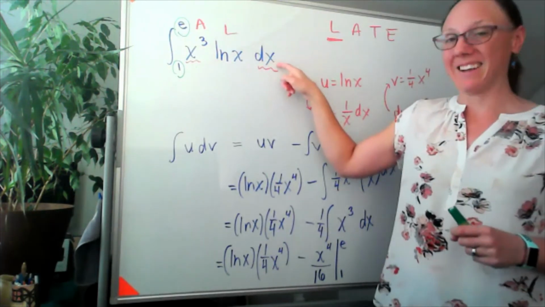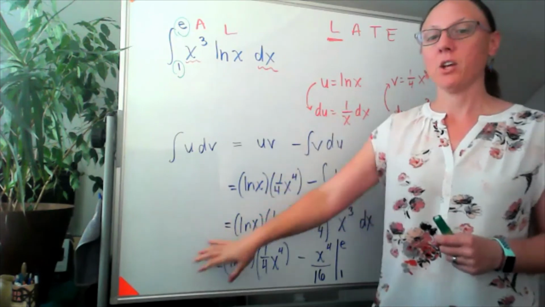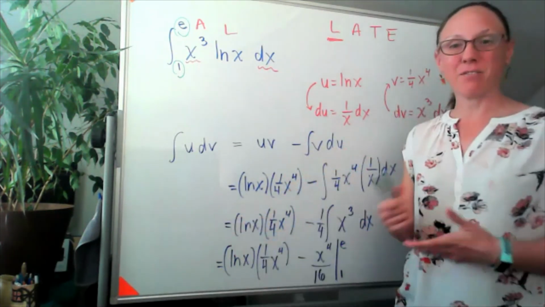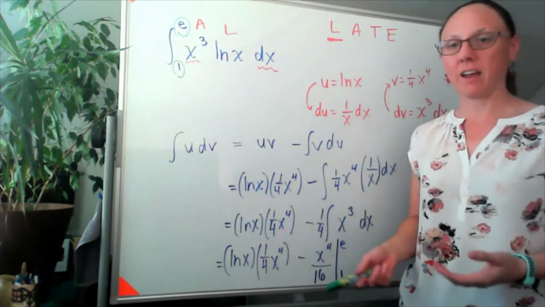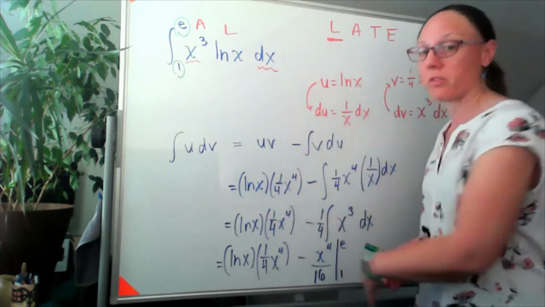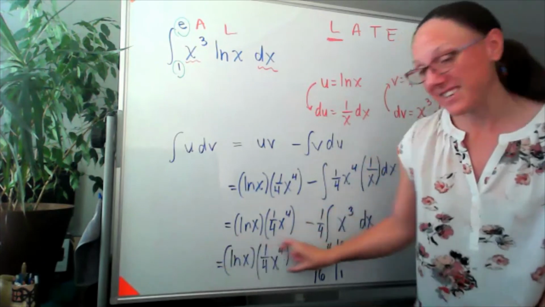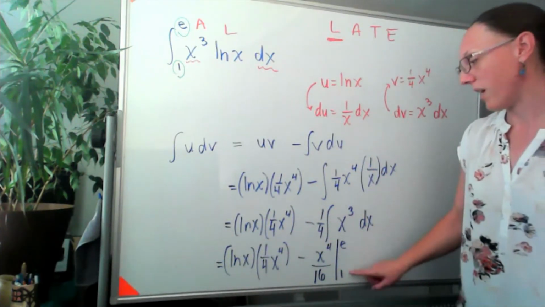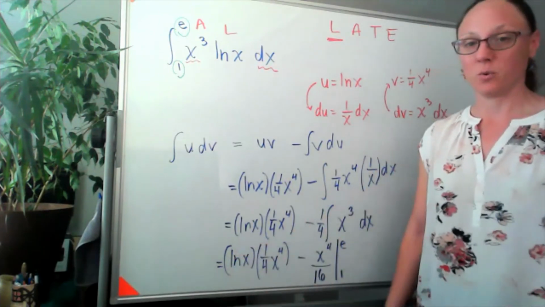I shouldn't have x's left in the problem, which means that when we do integration by parts, that first piece, even though we didn't really have to integrate that to move on with our formula, this is still part of the antiderivative, which means the e and the 1 have to get plugged into it.